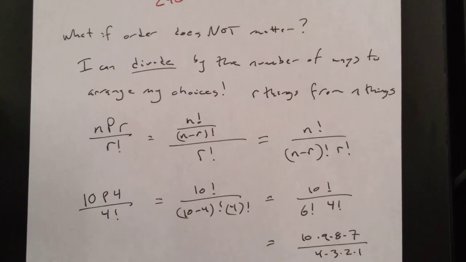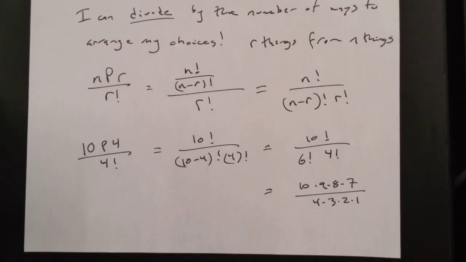And that's a smaller number. What is that number? $210.